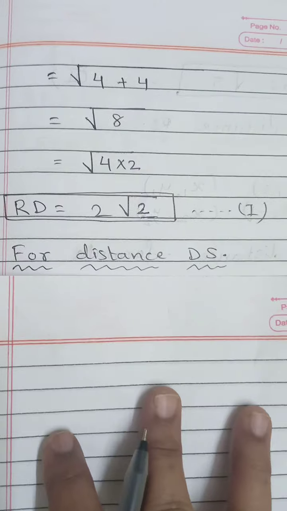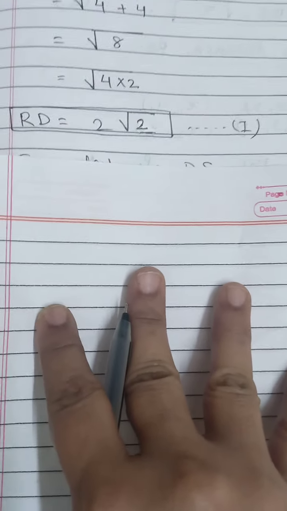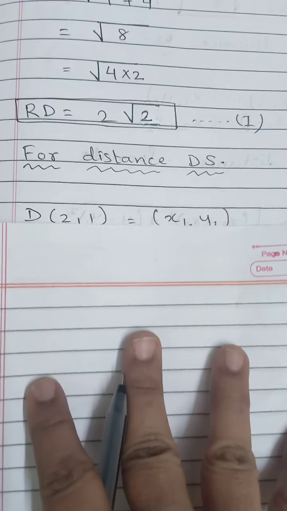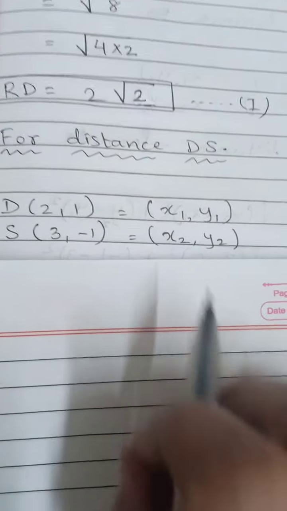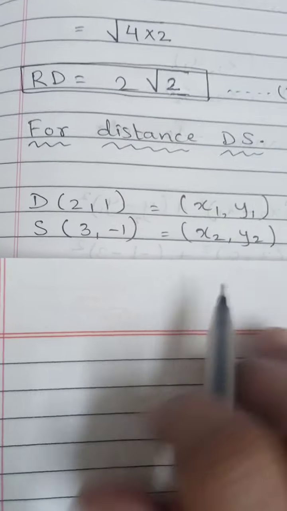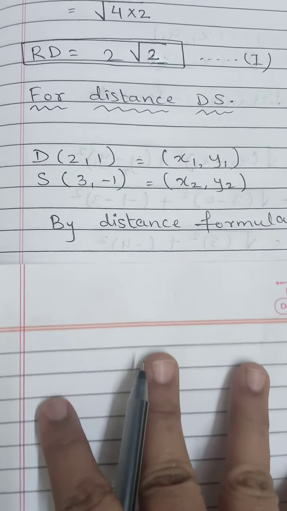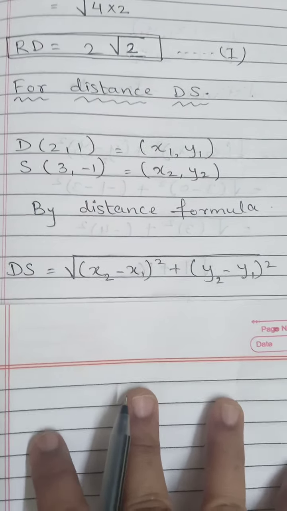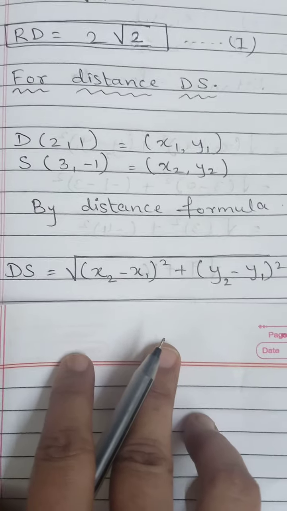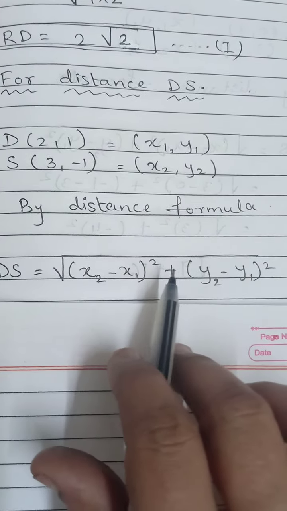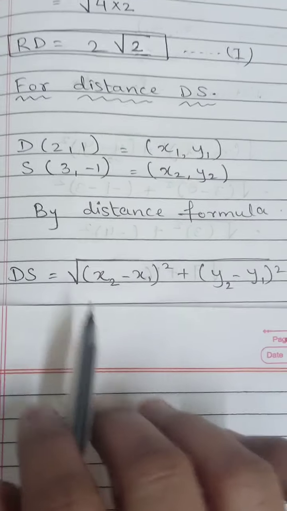Then the next distance we have to find is DS. So for distance DS, we will take the 2 points, that is D and S, and both the points we have taken as x1, y1 and x2, y2. Then for finding the distance we have to use the distance formula. So DS is equal to root of x2 minus x1 the whole square plus y2 minus y1 the whole square.